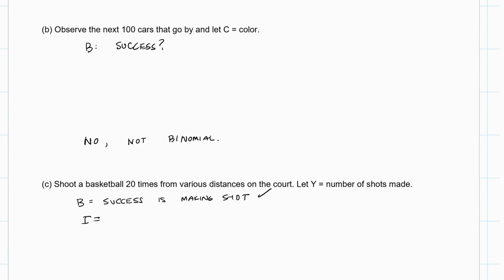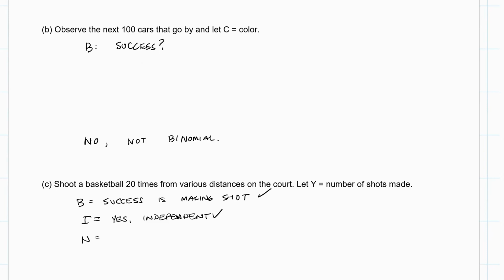Is every trial independent? Well, I'm not sure we can say that every single shot that you take with a basketball is independent. You learn a little bit from every shot. But for the sake of argument for this particular problem, we're going to say yes, independent, that later shots are not influenced by earlier shots.